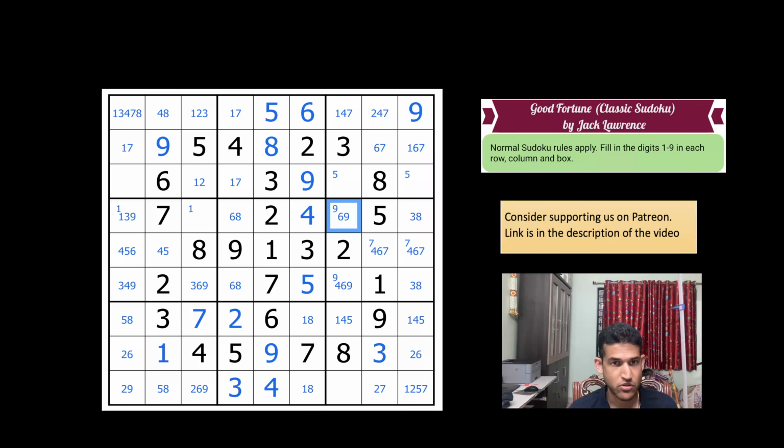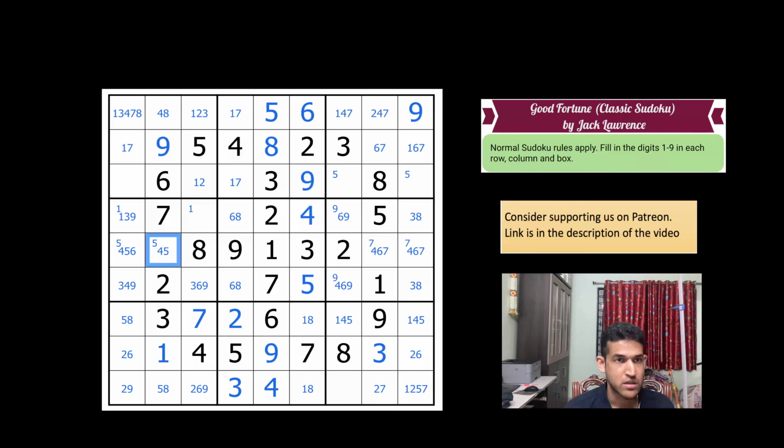This is not a 4 because 4 is here. Yeah, 5 goes here. Four is in one of these two cells, right? Let us do something with the four.